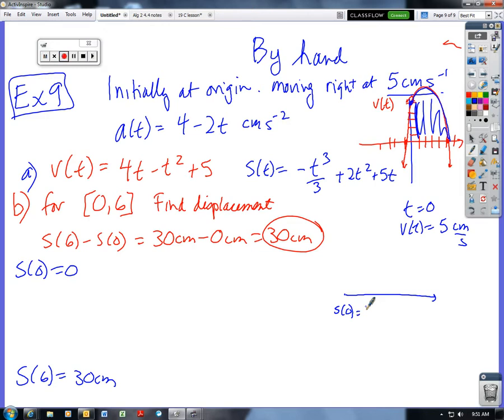And then at 5 seconds, it's going to turn around. So we need to find s of 5. Then it's going to turn around and go left a little ways to s of 6, which we do know. That's 30.